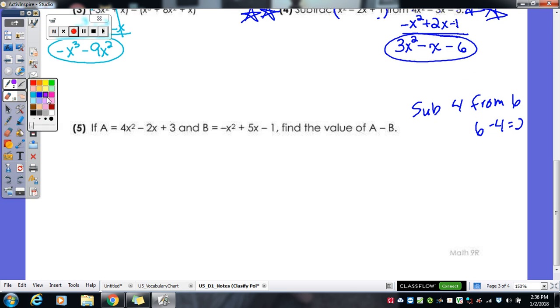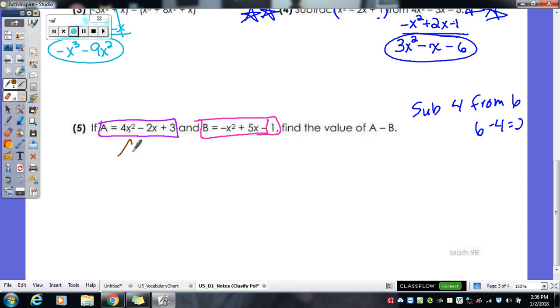So they tell us that A is this polynomial, 4x squared minus 2x plus 3. And then they tell us B is this polynomial, oops, forgot my 1, negative x squared plus 5x minus 1. They want us to find the value of A minus B. So A minus B. So that means I'm going to replace A with the polynomial that they told me it is.